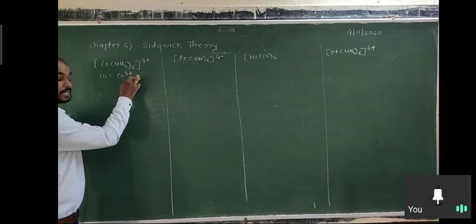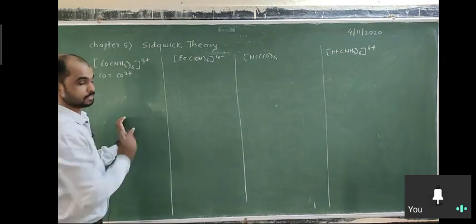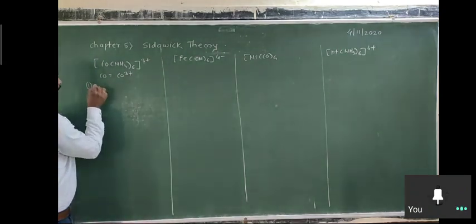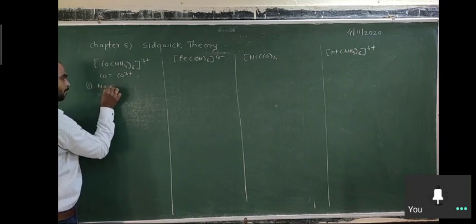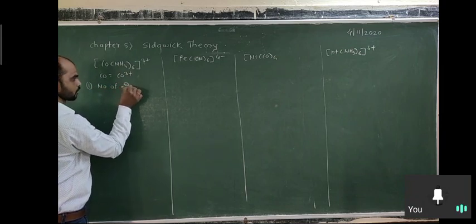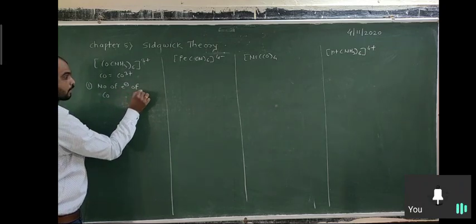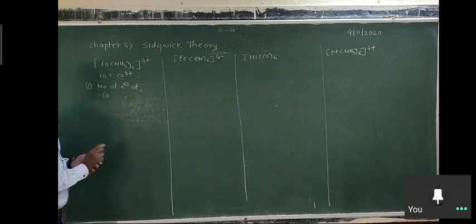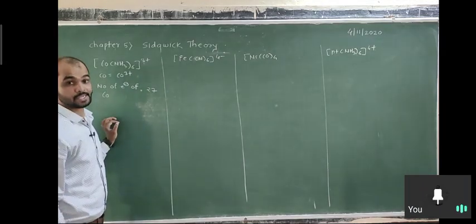That means how many electrons are lost? 3 electrons are lost during formation of this complex. Okay, first, write the number of electrons of Co. What is the atomic number of cobalt? It is 27.